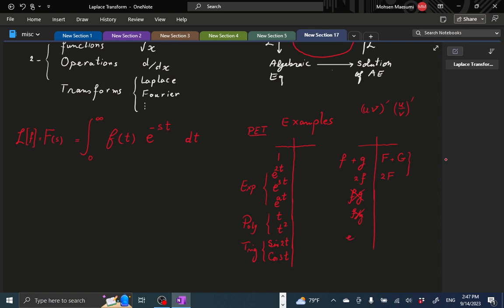So if you have exponential of some number times t times a function, we are going to have something to say about that. If we had polynomial times a function and we are asking what's the Laplace transform of that, we can answer that as well. And there's going to be a few other cases. We are going to explain that as we go along.